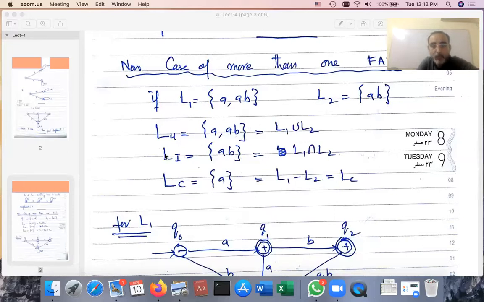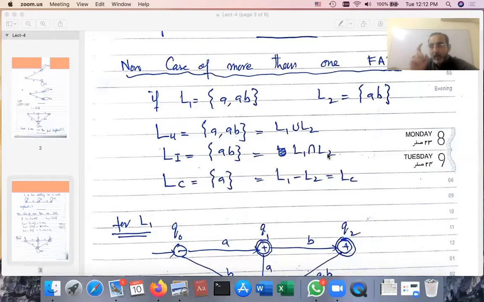And if we want to take intersection, then normally in mathematics you take only the common things. And what is the common thing in this language and that language? This is AB. So AB is common. So the intersection would be AB, and we can represent it with L1 intersection L2. So this is also simple, but this is theoretical.